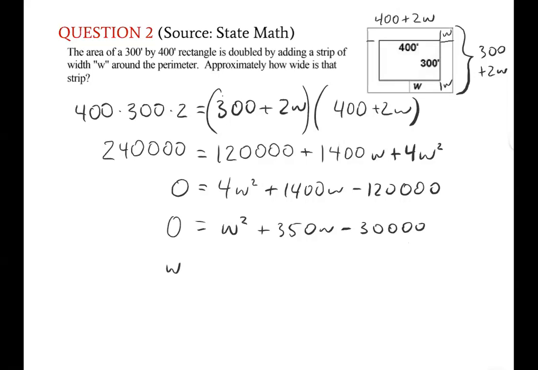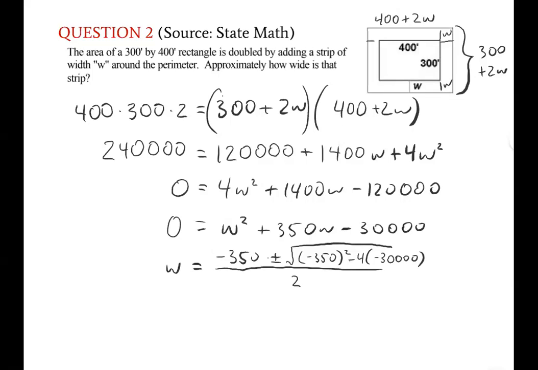Now we can plug that into the quadratic formula, and we'll get negative 350 plus or minus the square root of negative 350 squared minus 4 times negative 30,000, all divided by 2.